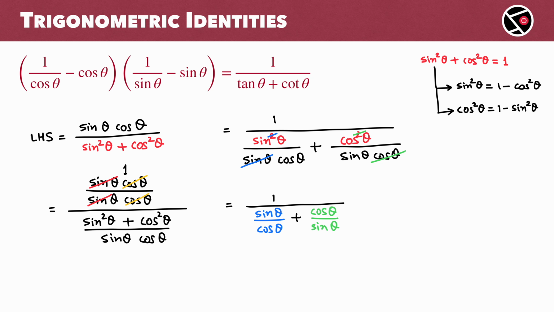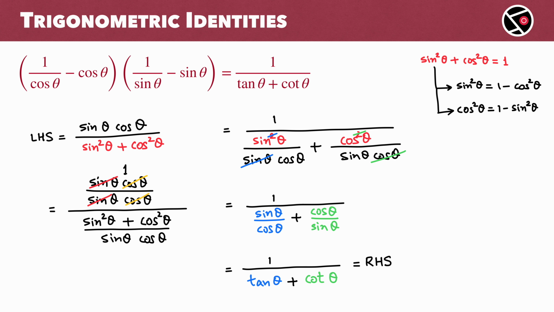Now, sin by cos is tan and cos by sin is cot. So we have 1 over tan θ plus cot θ, which is our right hand side. The left hand side equals right hand side.